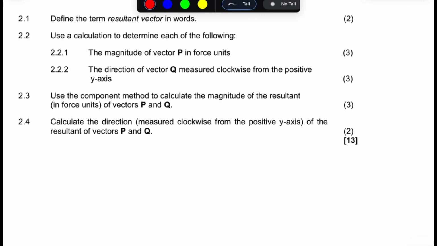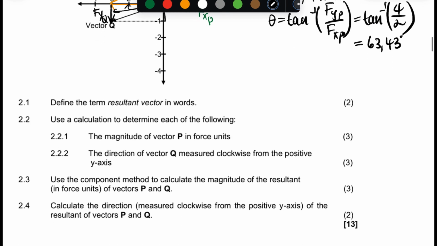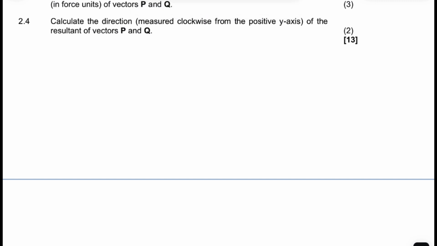We must first get this angle here. So we will use the trig ratio opposite over adjacent. The opposite is 1 and the adjacent is 3. Let's calculate it. 2.2.2.